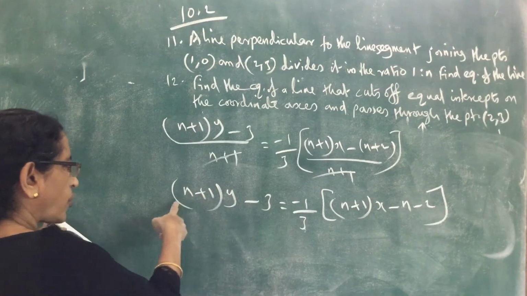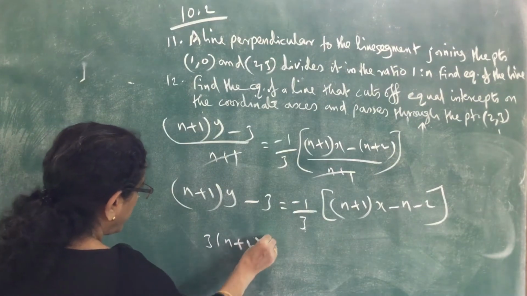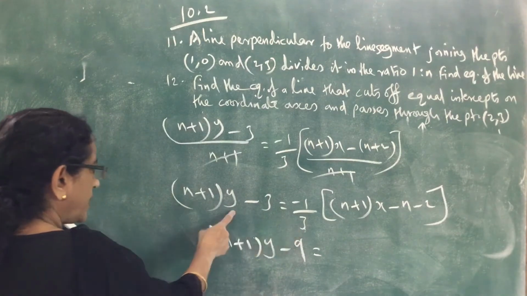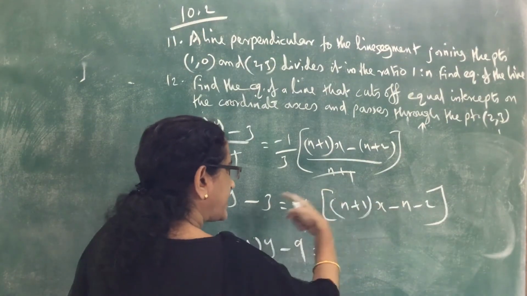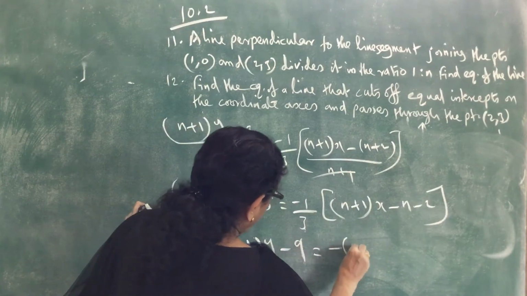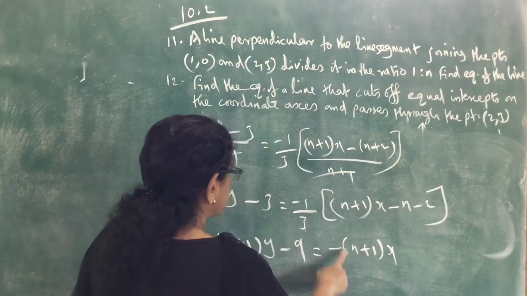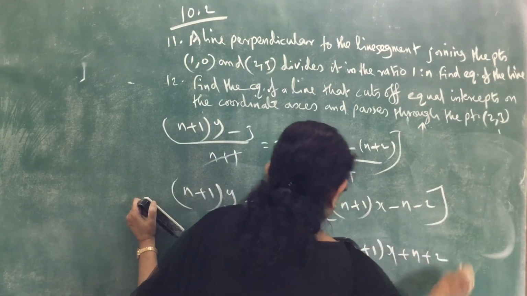Now the 3 we can cross multiply to this side: 3 into n plus 1 y minus 9 equals, multiplying inside, minus n plus 1 x, minus into minus plus n, minus into minus plus 2.